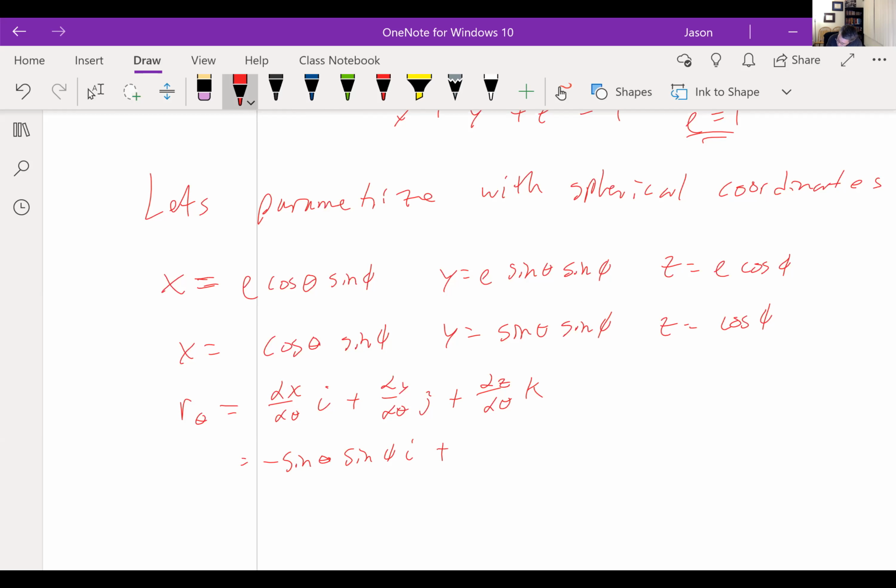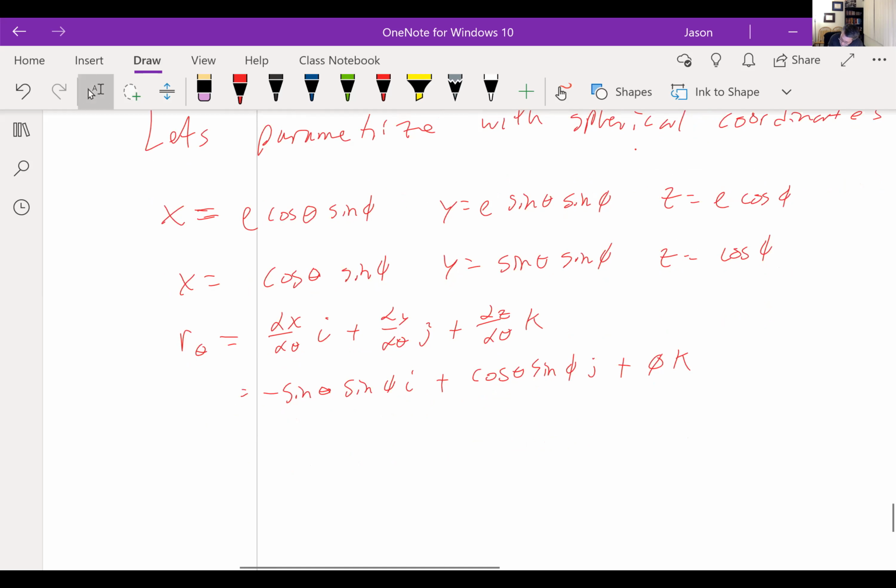Plus on y, this is going to be cosine theta sine phi j. Plus, there is nothing on theta for z, so that's 0 k. So that's what that one is.